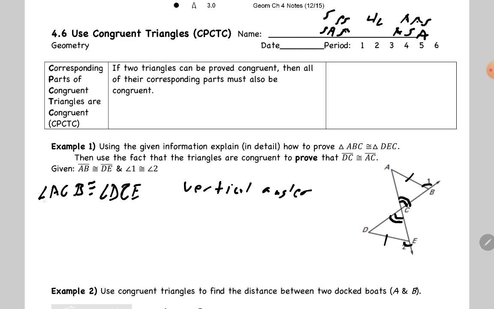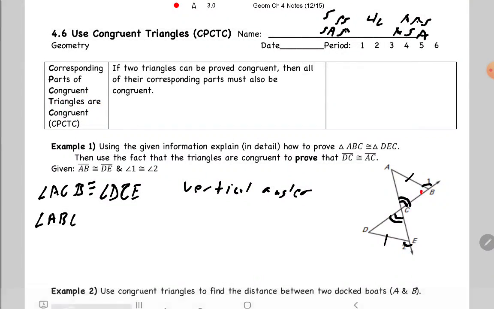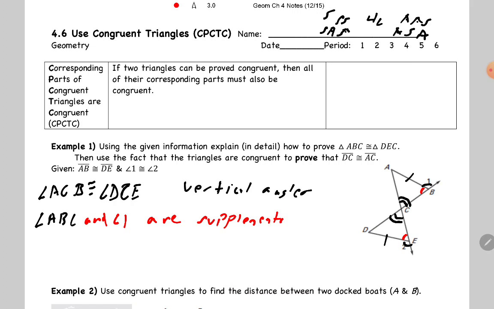Okay, so we just need one more piece, and it probably has to do with those exterior angles, angles 1 and 2. Now, if we notice, angle ABC next to angle 1 are supplementary, and same thing with angle 2 and angle DEC are supplementary.